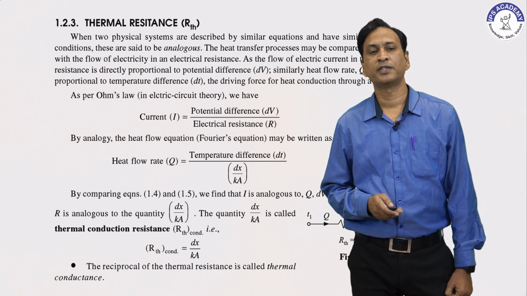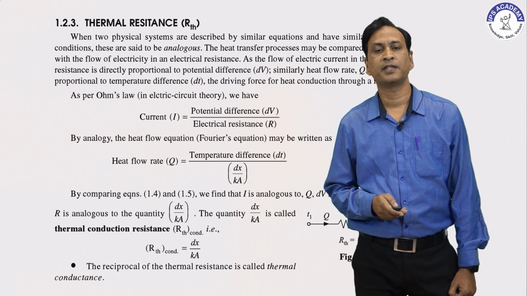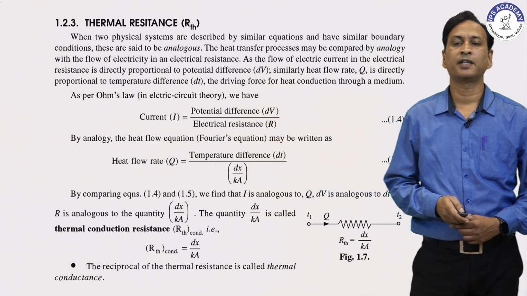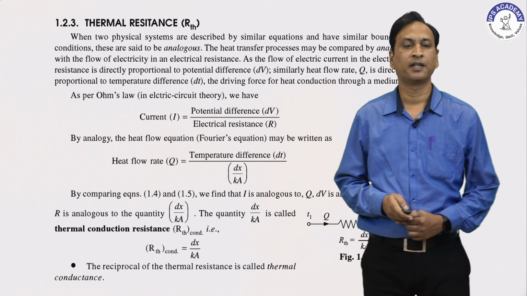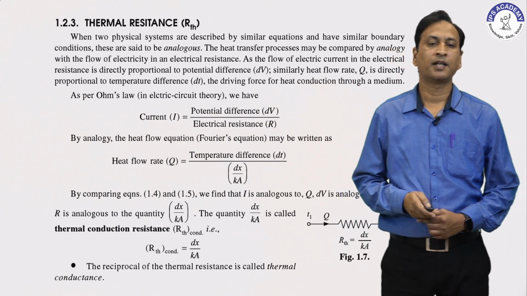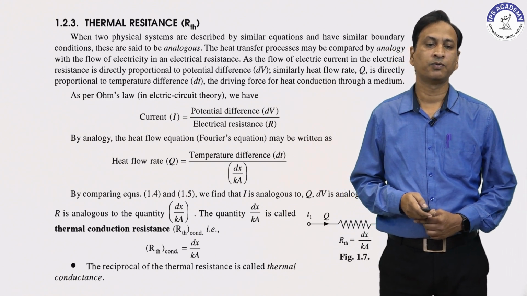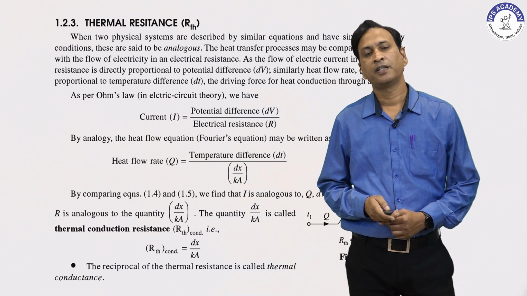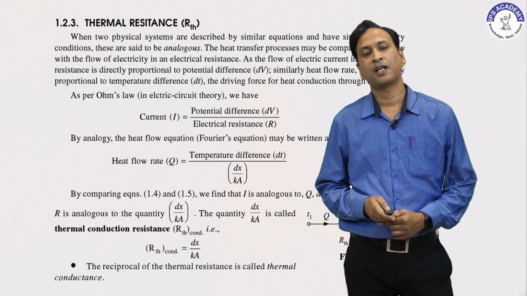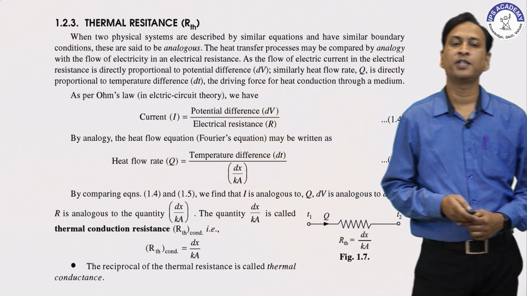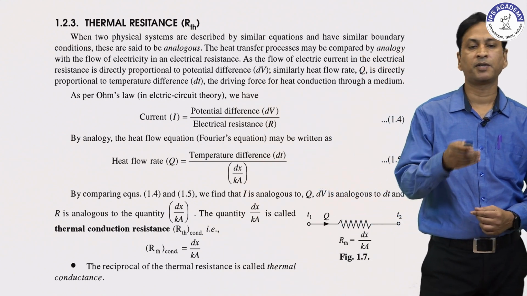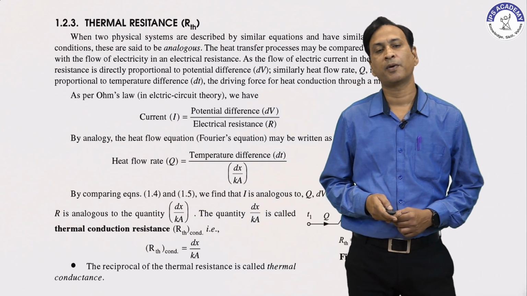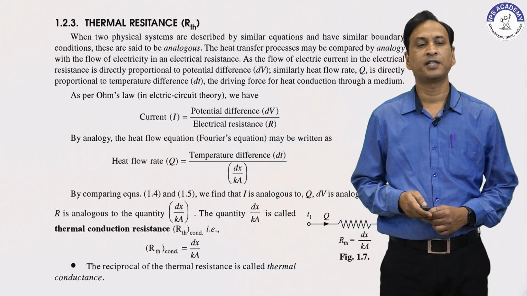Similarly, heat flow Q is directly proportional to temperature difference dT, the driving force of heat conduction through a medium. As per Ohm's law in electrical circuit theory, current I is equal to potential difference dV divided by electrical resistance R, that is, V is equal to IR, or I is equal to V upon R.